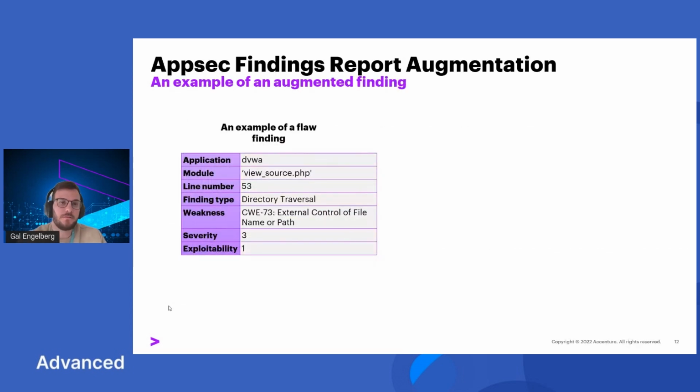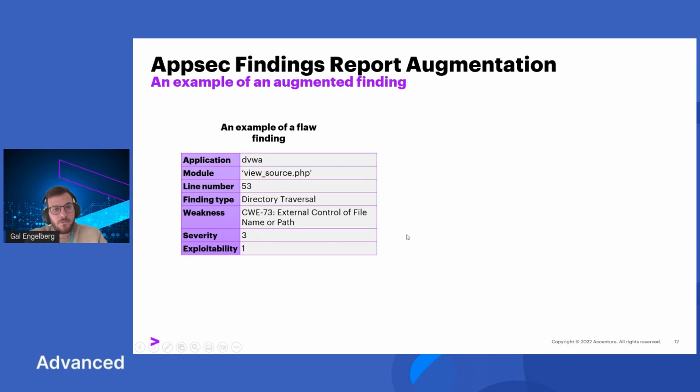This is an example of an augmented finding. You can see on the left, this is a finding that was discovered on a showcased application, DVWA, on this module, view source PHP. We discovered in line 53 that there is a directory traversal which is mapped to CWE 73.